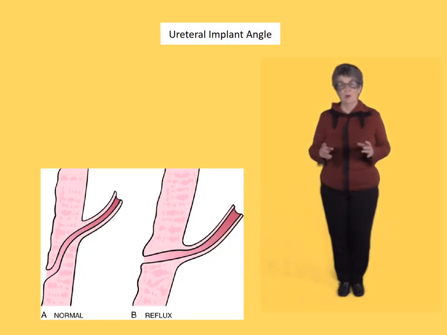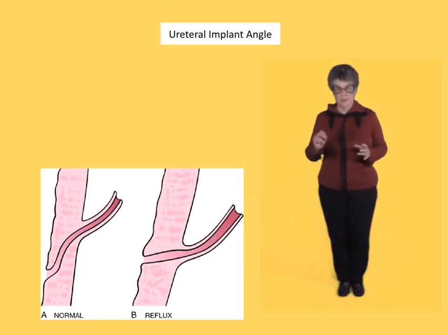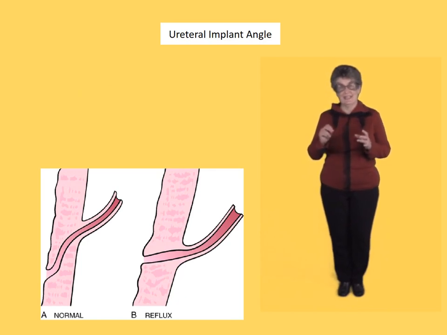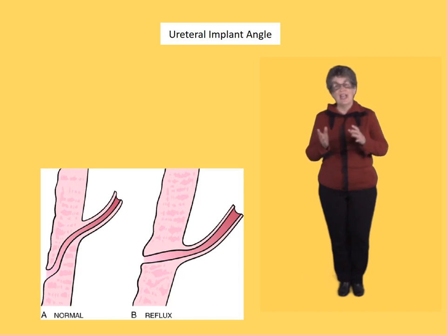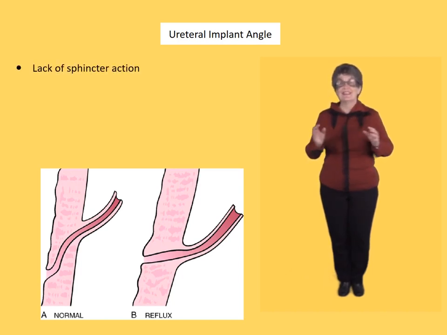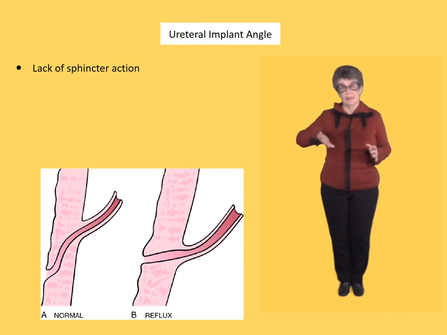Let's think for a moment about those important ureters, the guardians of the kidney. They prevent reflux by having a sphincter. The sphincter is caused by the implantation angle of the ureter through the wall of the bladder.